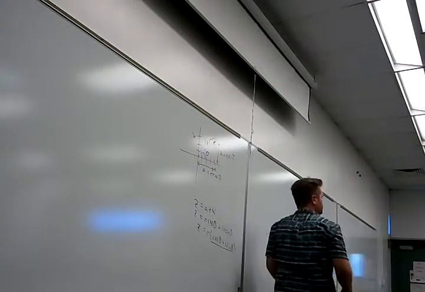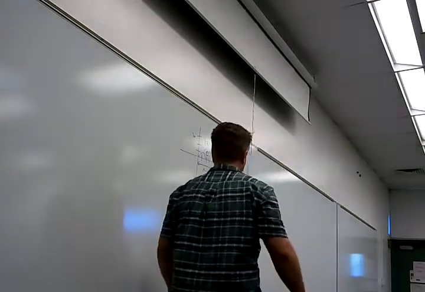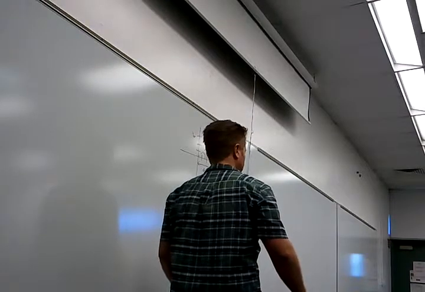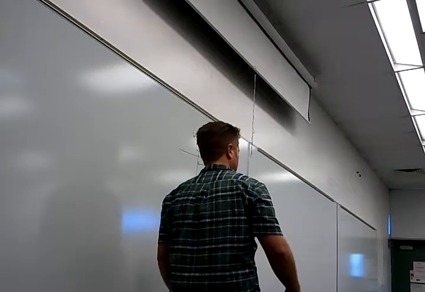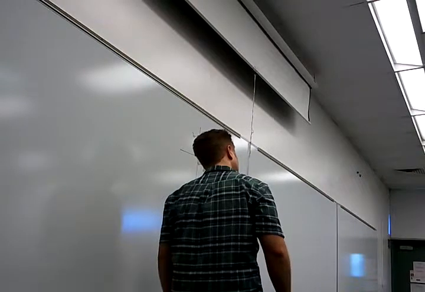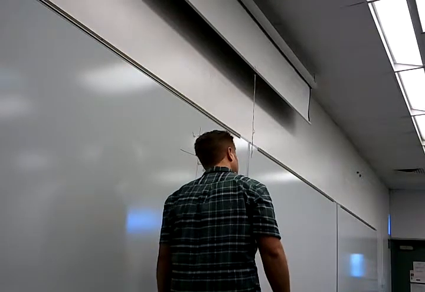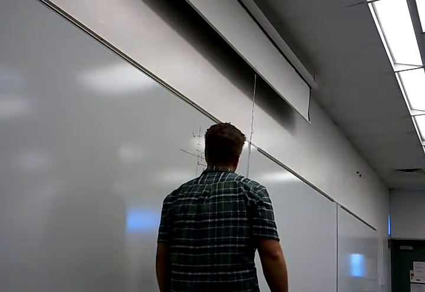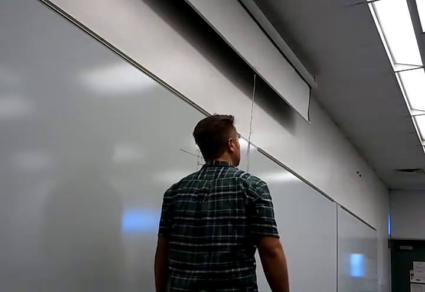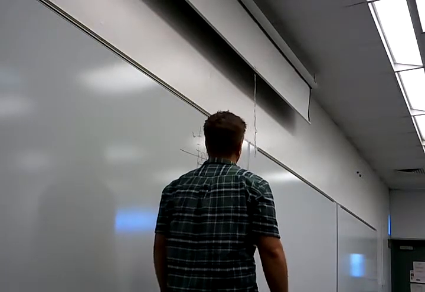Wait, but if we do the distance equation, that would be like a squared plus b squared. Wouldn't that just simplify to like either cosine or sine? I forgot. It's one of the identities.